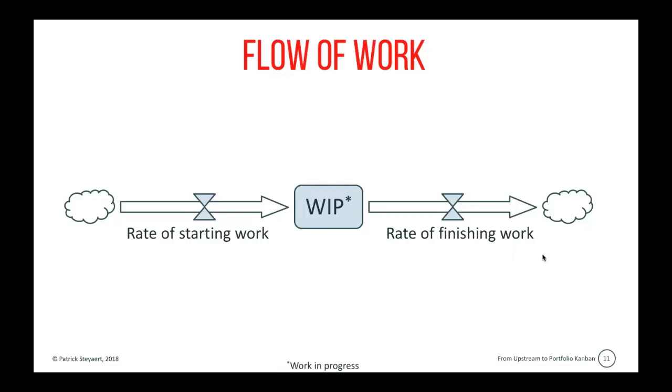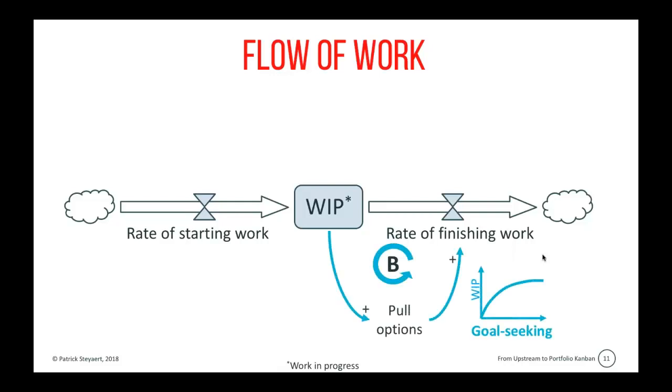Now, that's not the type of behavior that we see in reality. In reality, there's also a balancing loop. The more WIP we have, the more chance that there is one item that we can actually finish. In technical terms, this means the more pull options that we have, the more work we can actually finish.